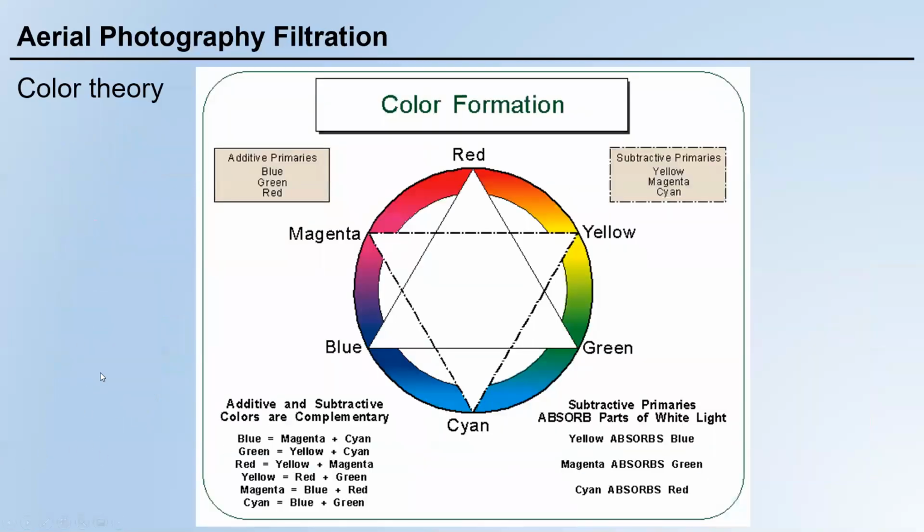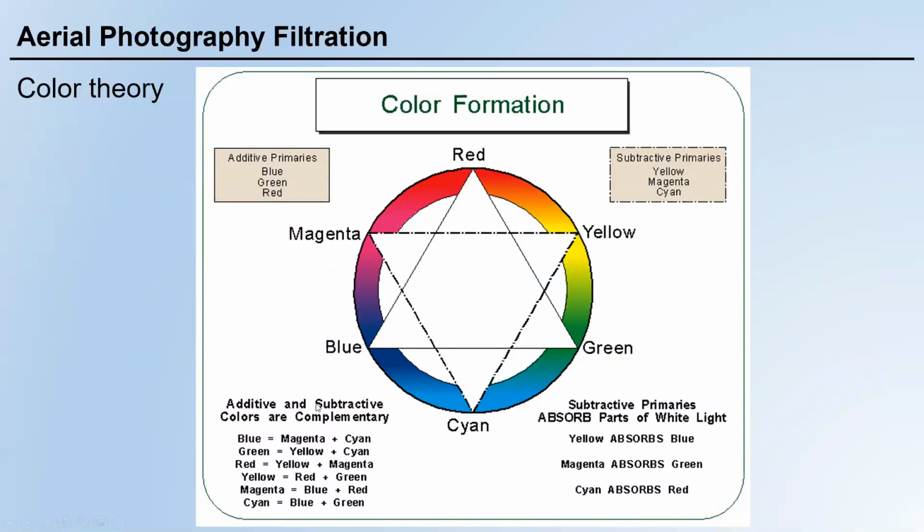Okay, here is a comprehensive figure to show you the color formation. On this circle we have R, G, B, which are the three primary colors of additive color theory. We also have what? Cyan, magenta, and yellow. They are subtractive primaries.